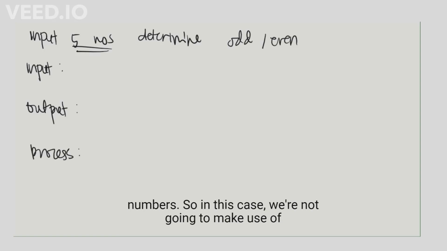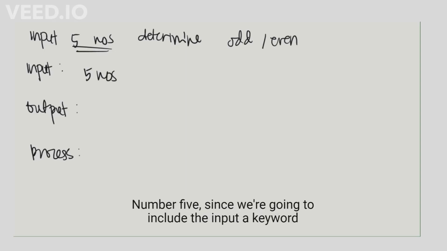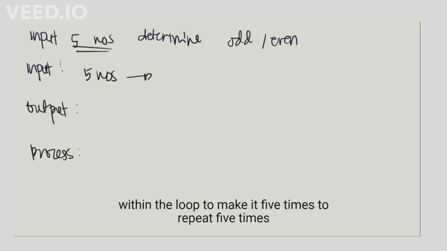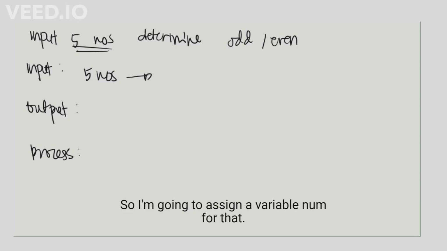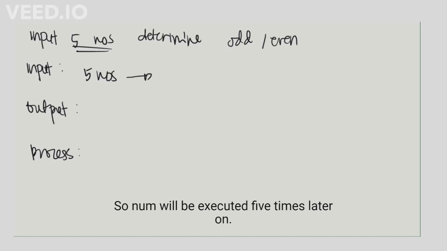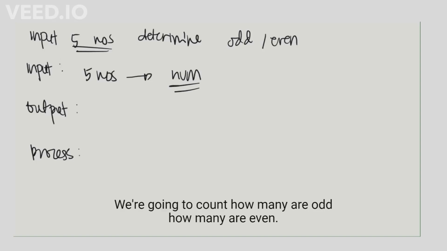We're not going to use num1, num2, num3, num4, num5, since we're going to include the input keyword within the loop to repeat 5 times. So I'm going to assign a variable num for that, which will be executed 5 times later on. Then for the output, we're going to count how many are odd and how many are even.